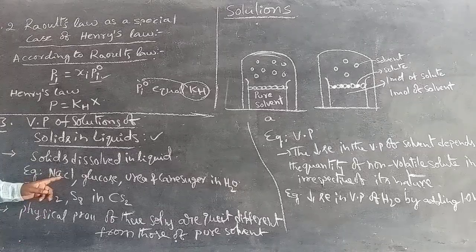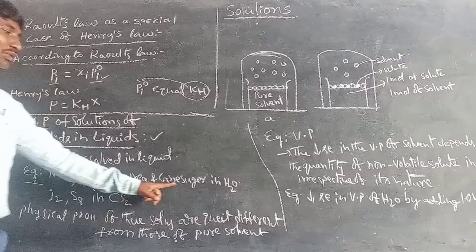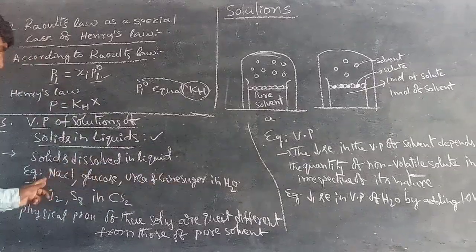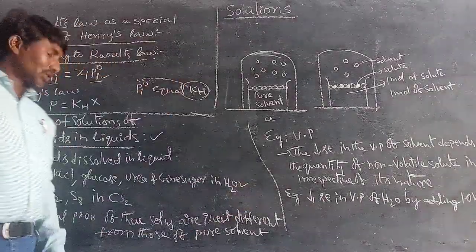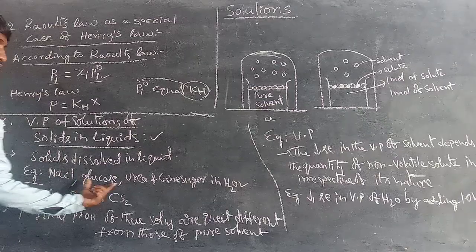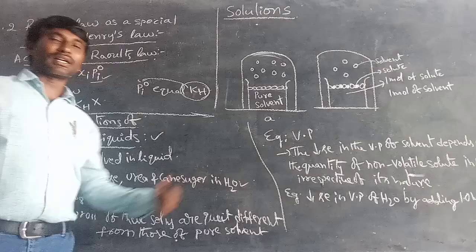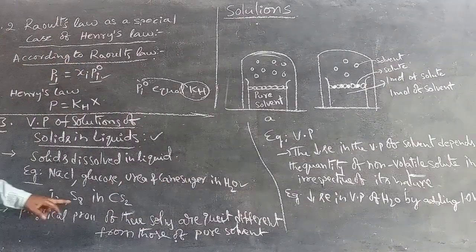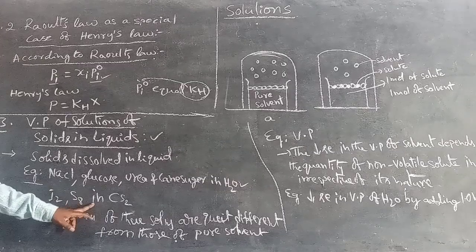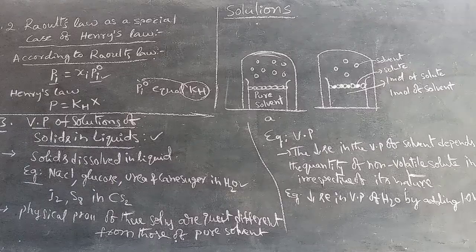For example, sodium chloride, glucose, urea, and cane sugar dissolved in water. Other examples are iodine and sulfur dissolved in CS2, carbon disulfide.